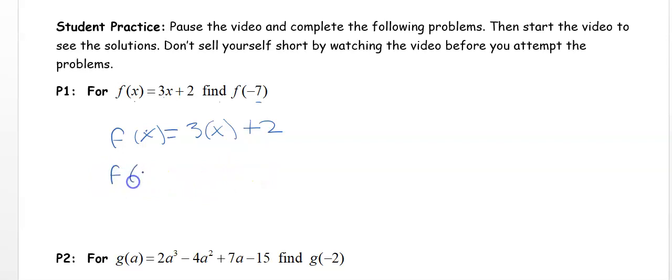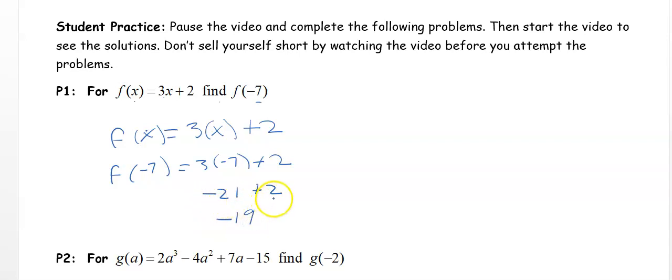Then I have f of negative 7 equals 3 times negative 7 plus 2. There's no exponents, so I look at multiplication. There's no things in parentheses that need to be simplified either. So I get negative 21 plus 2, which is negative 19.